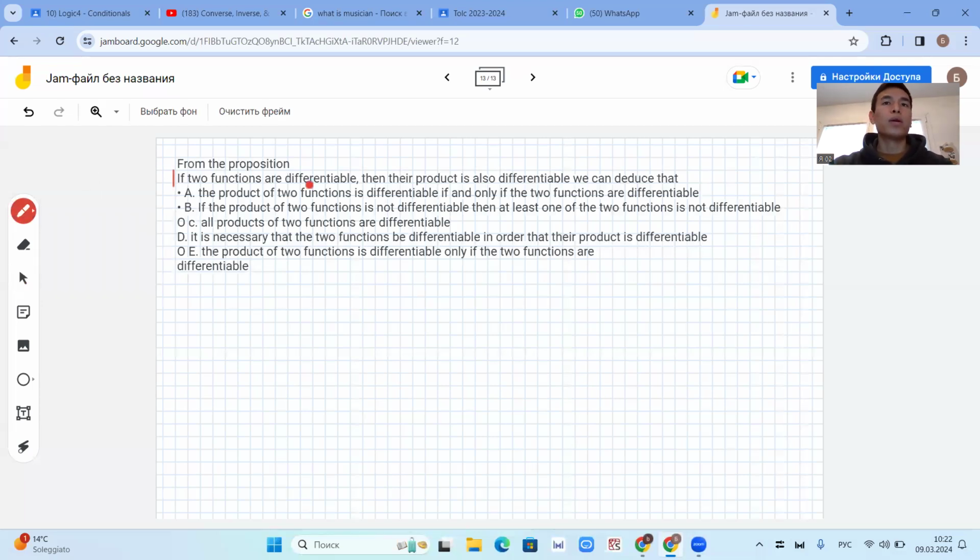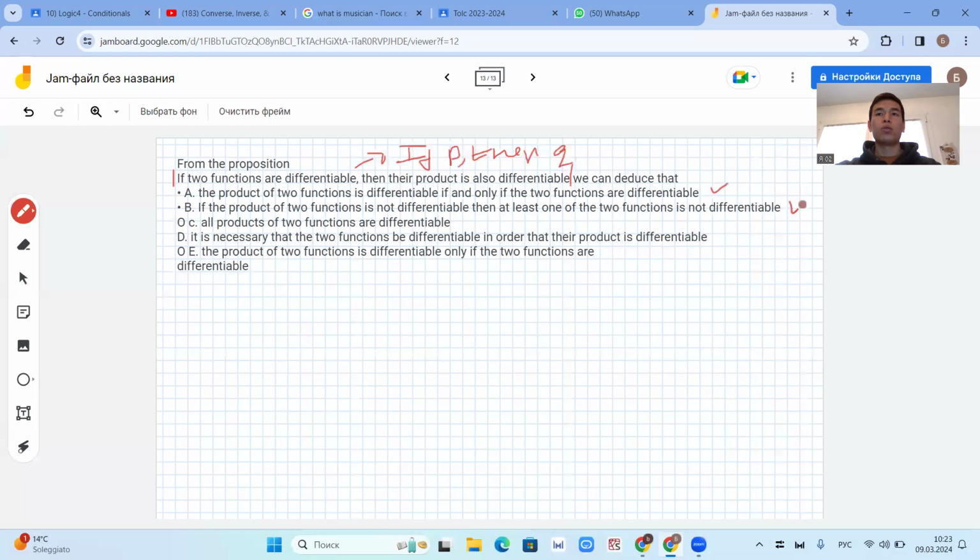Okay, we are given the statement. If two functions are differentiable, then their product is also differentiable. Okay, from here to here, this is our conditional statement. If P, then Q. And we have to deduce which of these possible answers is true.